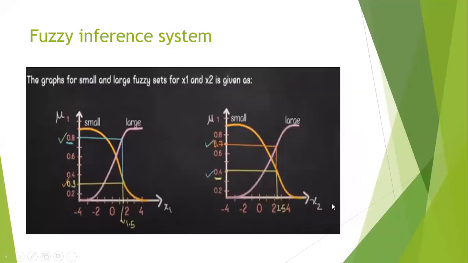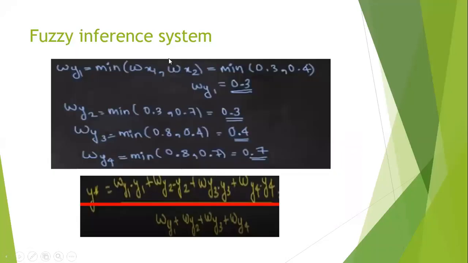Next, pertaining to x2 small you are finding out its membership function. So among these two, minimum of wx1 and wx2, minimum of 0.3 and 0.4 is 0.3. That is the output membership function of your first rule. Okay, wy1 is indicating the output membership function.